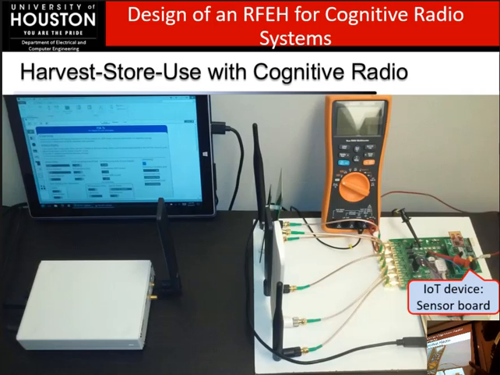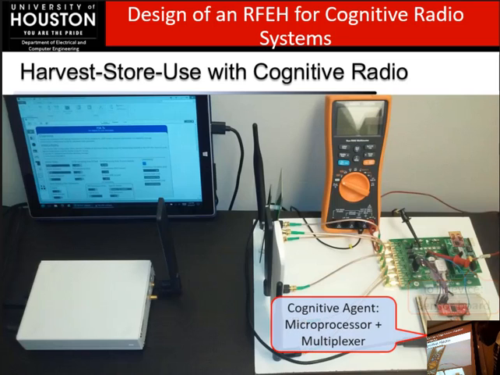And because we have a cognitive radio, we need to have a cognitive agent that is intelligent enough to scan the channels and choose which one, because the PowerCast board doesn't have this brain in the setup. So I purchased some equipment made by an Arduino board that contains a microprocessor and a multiplexer that can switch and select one channel at a time.